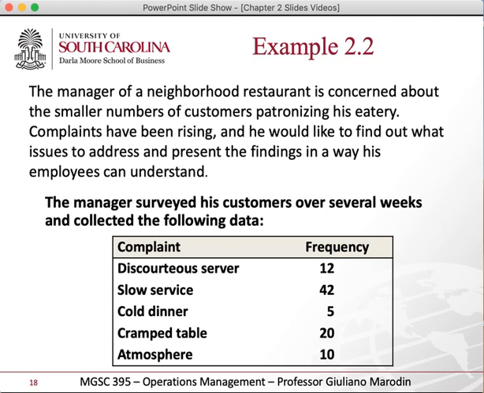So if you look at the frequency, you figure out that slow service is the one that more people complain about, right? And if more people complain about it, that's the one that I should focus on, right? So I'm not going to focus on trying to find out why 5 people complain about cold dinner if 42 people complain about slow service.